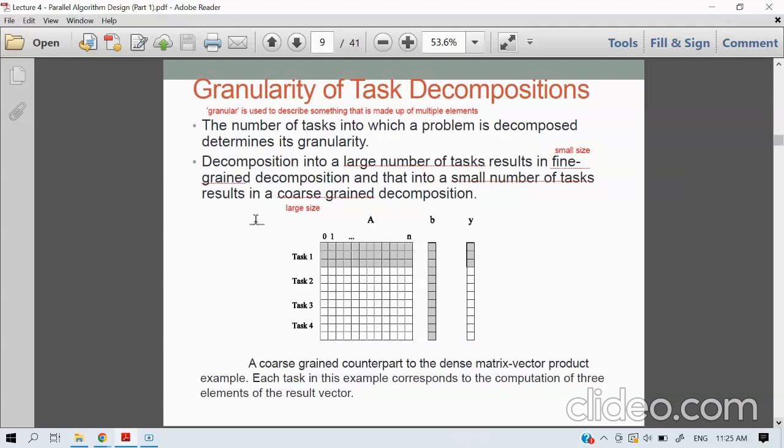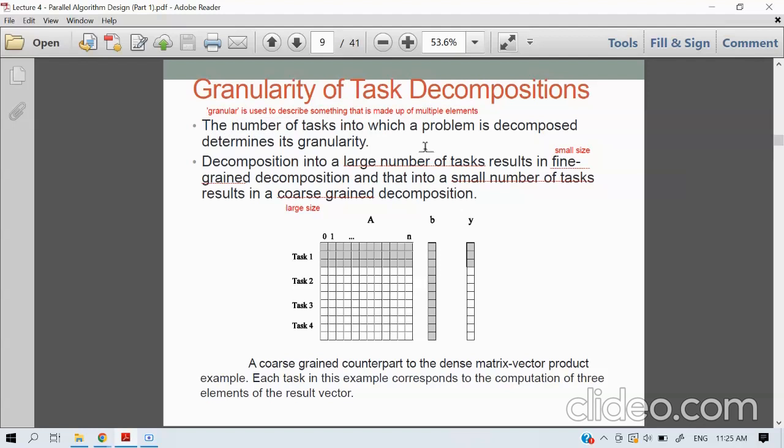Okay. We move on to the next subtopic, which is granularity of task decomposition. We want to know the size, how large the problem is when being decomposed into smaller tasks. Granularity is actually taken from the word granular, which is used to describe something that is made up of multiple elements.